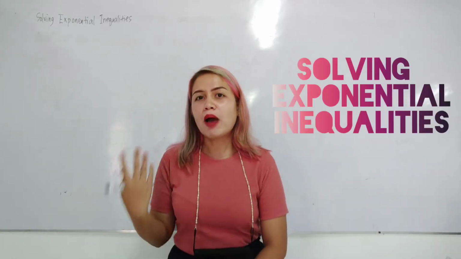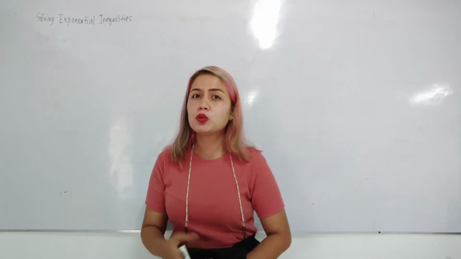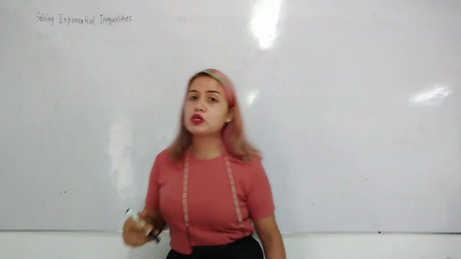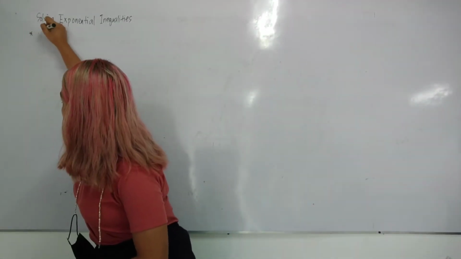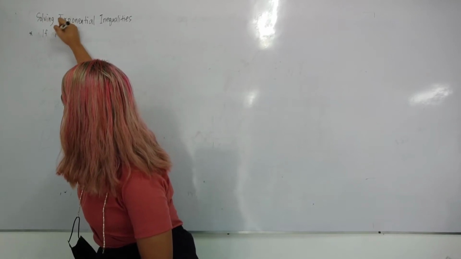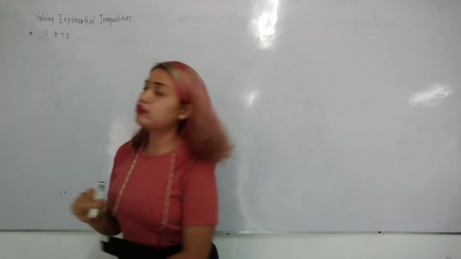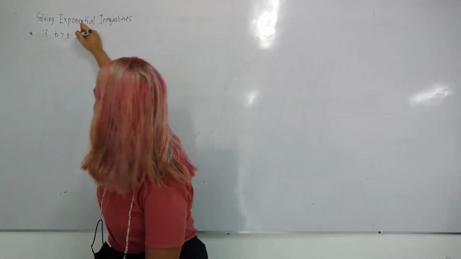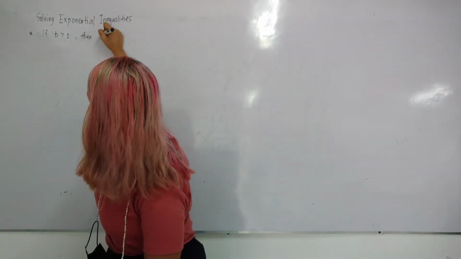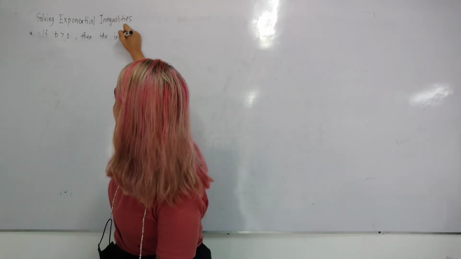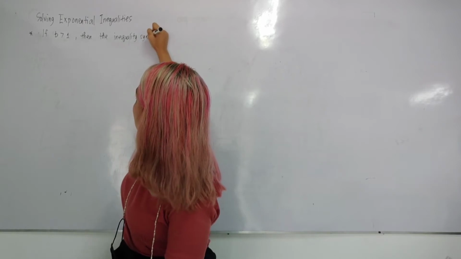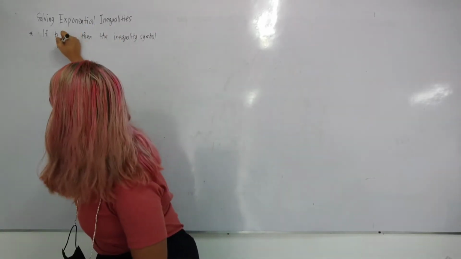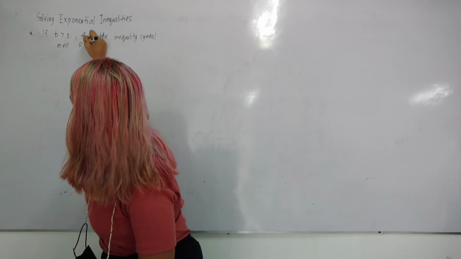So now we'll be discussing exponential inequalities. How do we solve an exponential inequality? There are two properties that we need to consider. First, if the base is greater than 1, then the inequality symbol must retain.